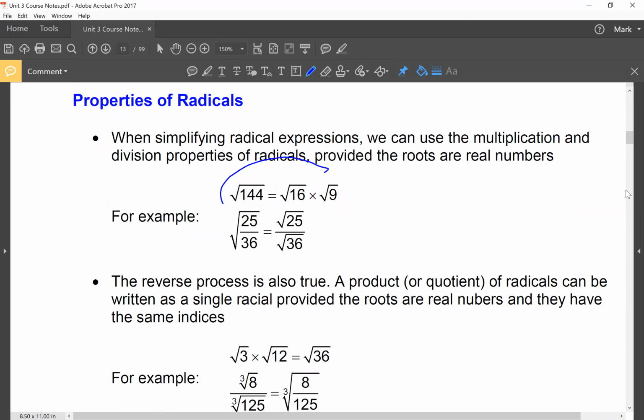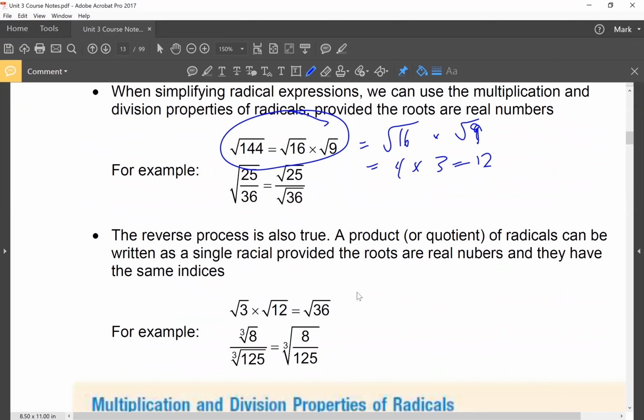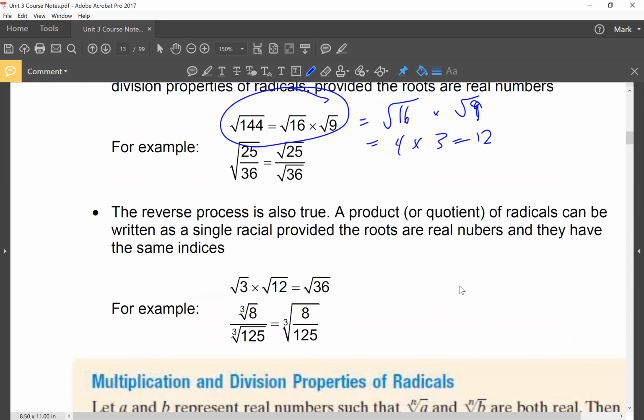This doesn't really work if we're picking X and Y. But the square root of 144, well, we can simplify this to be the square root of 16 times the square root of 9. 144 is 16 times 9. So then we get 4 times 3, or 12. Again, your calculator can do this, so it's not really that important of a property.